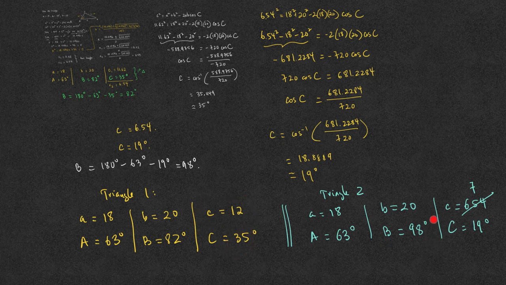For the second triangle, the largest angle has a measure of 98 degrees, which corresponds to the longest side. And the smallest angle has a measure of 19 degrees, which corresponds to the opposite shortest side, which is 7.